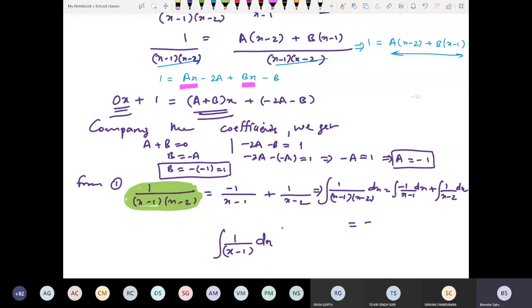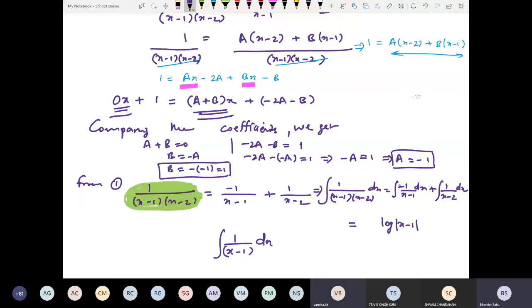Varnika, what will be the integration of 1 over x minus 1? Gautam Singh. Sir, log x minus 1. Log x minus 1. Beta, we should always take a mod here.